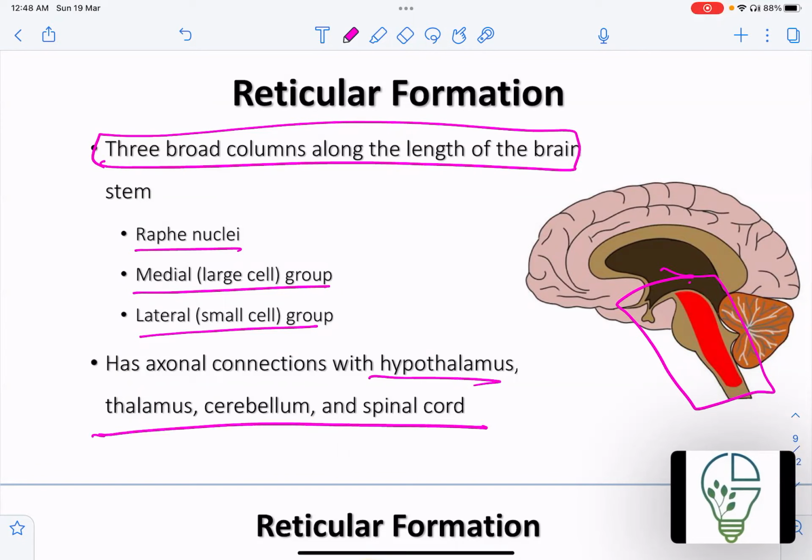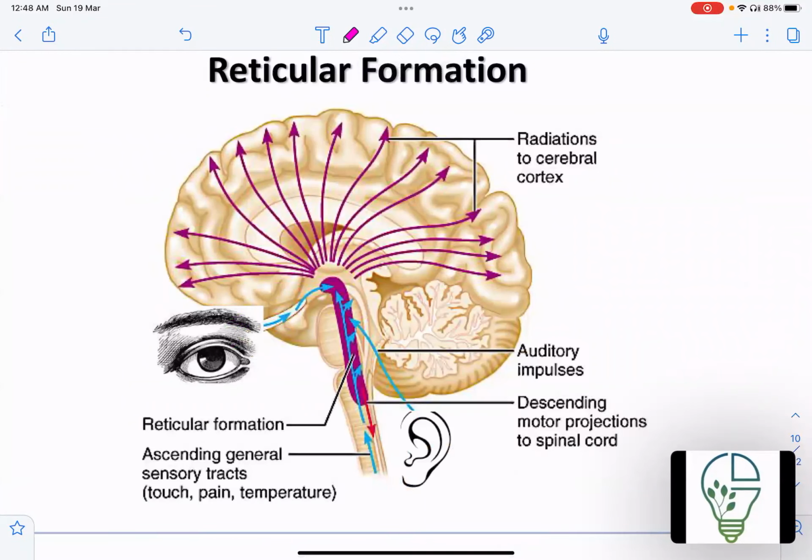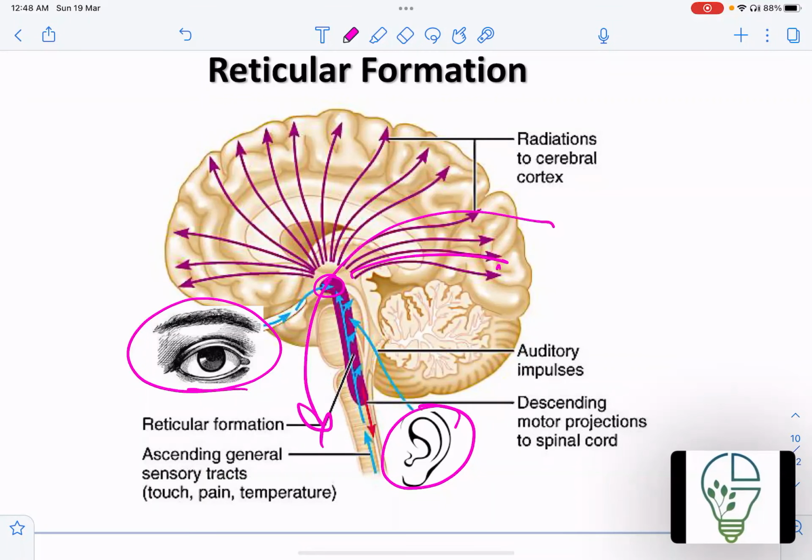This is why anything that affects the reticular formation has a very, very bad impact, because the patient is almost losing all of their sensory feelings and the reactions to it. Like I already discussed, it takes input from everywhere: olfactory, auditory, ophthalmic, etc. Regulate it, send it to the cortex, bring it back down.